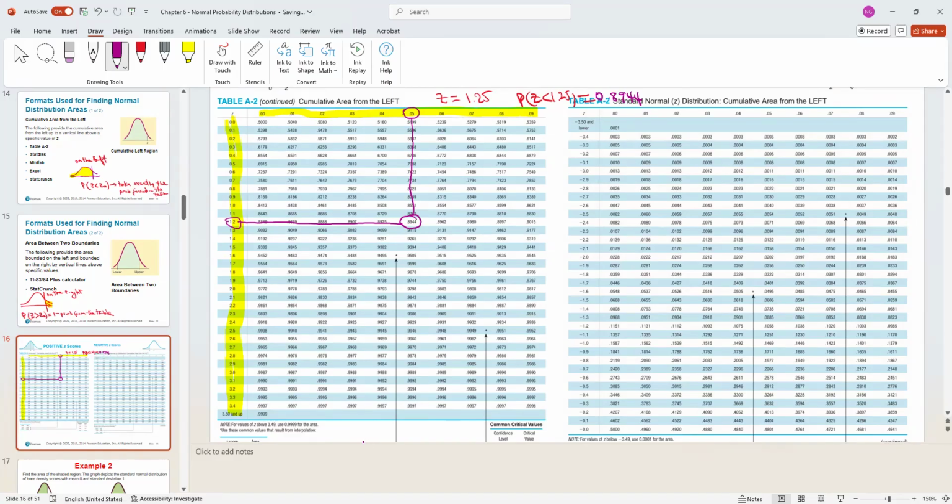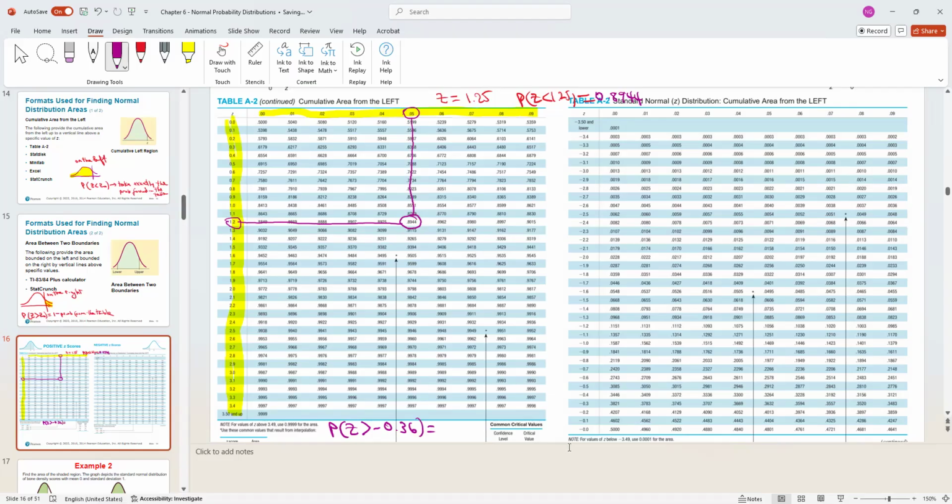Or let's say if they ask me for the probability that Z is greater, you see, greater means on the right, than negative 0.26. I said negative 0.26.